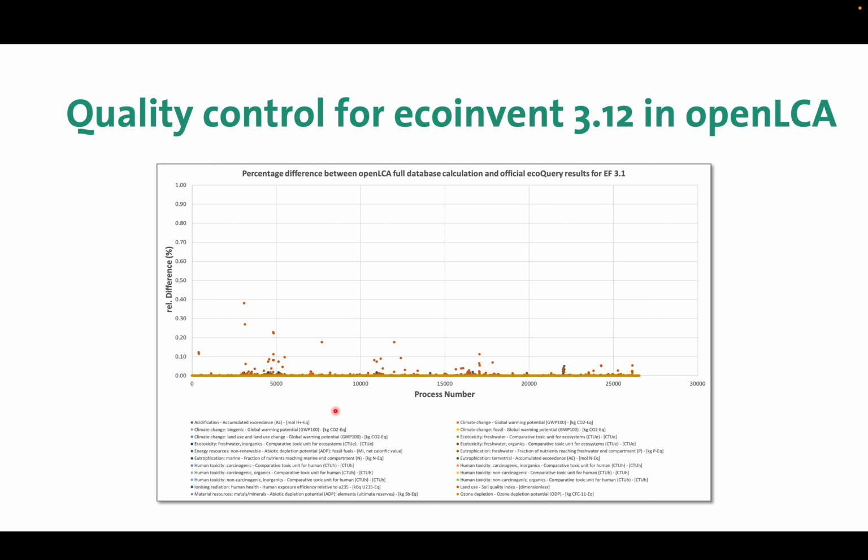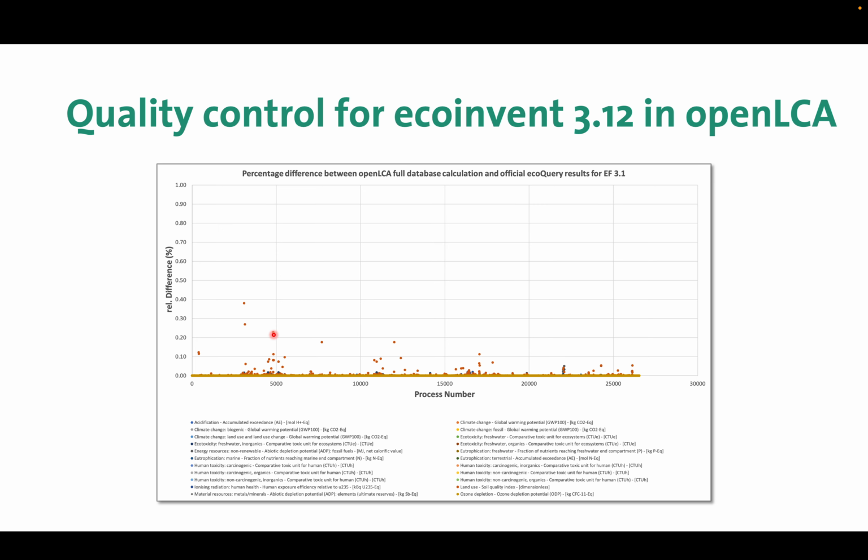We can even zoom in. Here the y-axis is now from 0 to 1%, and you will spot some points which are in the range of 0.3%. It doesn't even mean that we have a difference of 0.3%, because, without going into detail, this has to do with how we calculate it: in that case we calculated the whole ecoinvent database at once, with a full matrix inversion to calculate all processes at once.